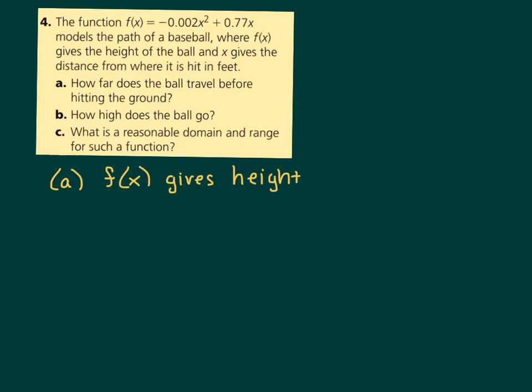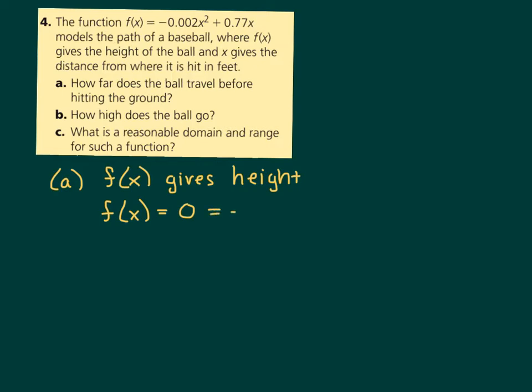So in part A, we want to focus on f of x. What should f of x be in part A? F of x should equal 0 because they're asking about when it hits the ground. What is the height of the ball when it hits the ground? 0. So we need to solve for when f of x is 0.